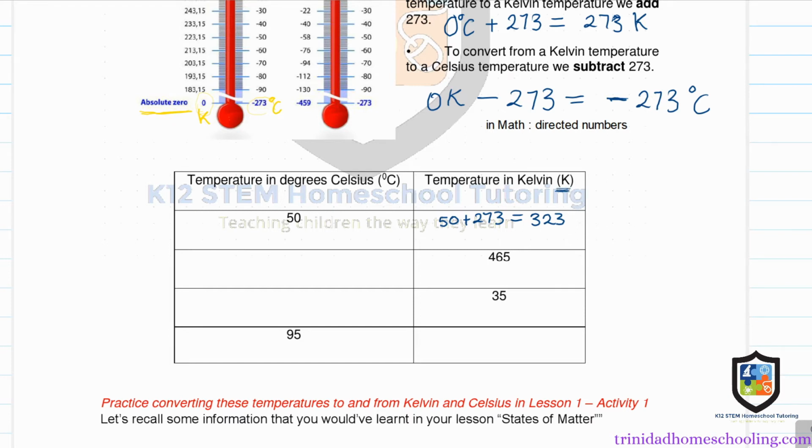Students make the mistake of writing the units, kelvins, back in the table. We don't need to, and you shouldn't. Okay? The units should be in the headings of your table. Now, to change this Kelvin value into degrees Celsius, we would take that value and subtract 273. And this will give me 192 degrees Celsius.